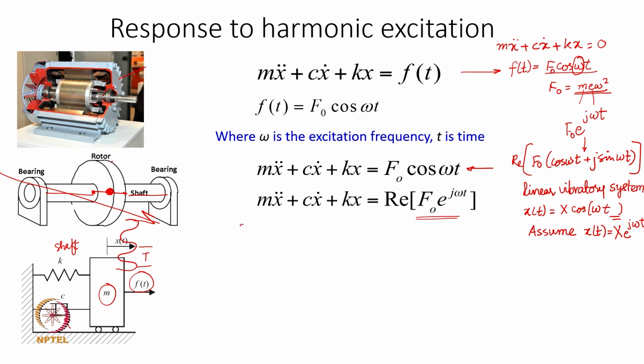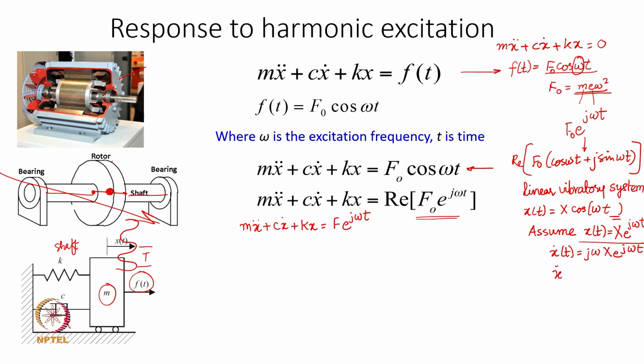So, my equation of motion now for a complex response function x of t, I shall start like this. The forcing function is also complex, and so now if I assume the solution to be capital X e to the power j omega t, the velocity x dot, which I am going to use when I am replacing these response variables, is going to be j omega X e to the power j omega t.